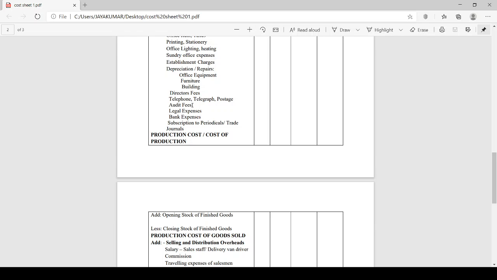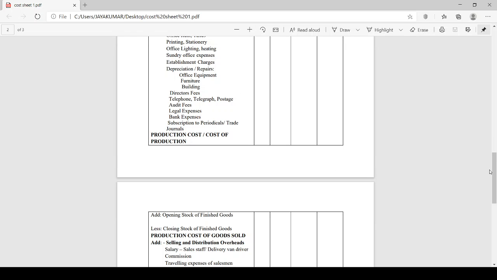Audit fees, the fees involved in checking the books of account, legal expenses, that is fees paid for lawyers and all, bank expenses, subscriptions to periodicals or trade journals. The manufacturing firms need to be aware of the latest trends, so they need to get these journals relating to their manufacturing process as well as the machines and all. So they'll be getting all these periodicals or journals.